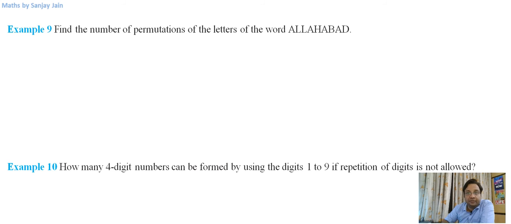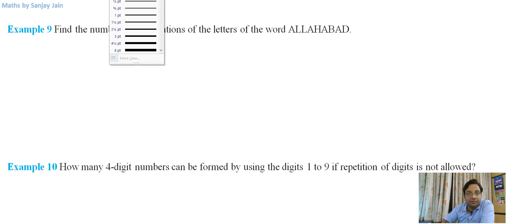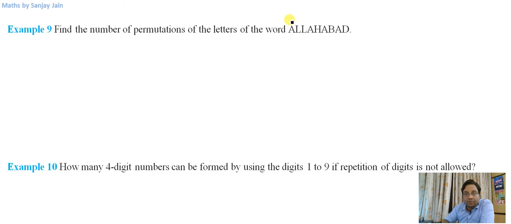Read this question carefully. Number of ways or number of permutations of the letters of the word Allahabad. So how many letters are these? 1, 2, 3, 4, 5, 6, 7, 8, 9 letters are there in Allahabad.